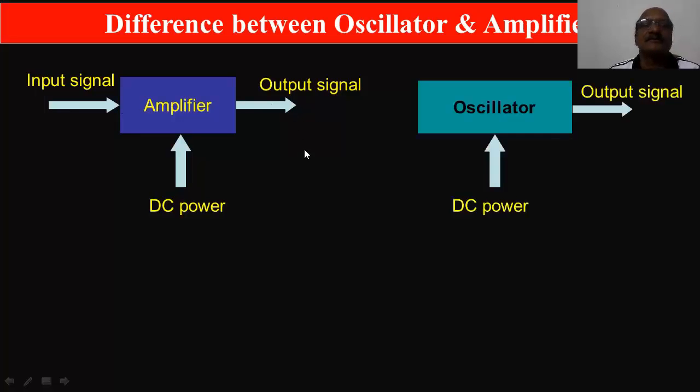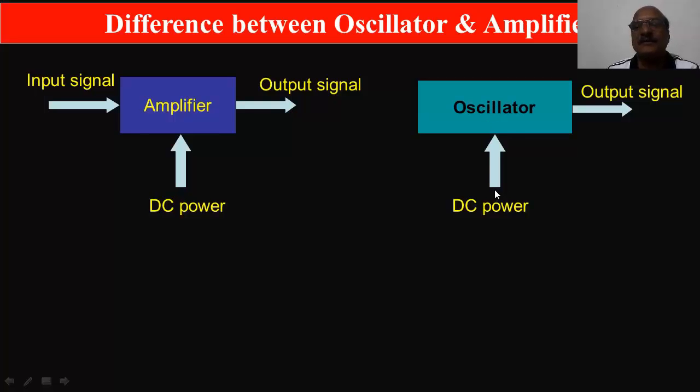Now let us see the block diagram of an oscillator. An oscillator is an electronic circuit which converts DC power into AC power. Here we see that there is no input signal given to the oscillator circuit, which is given in an amplifier. An oscillator does not require any input signal.